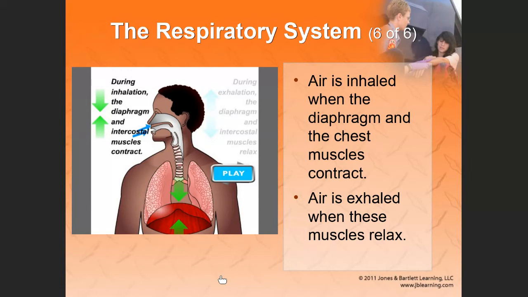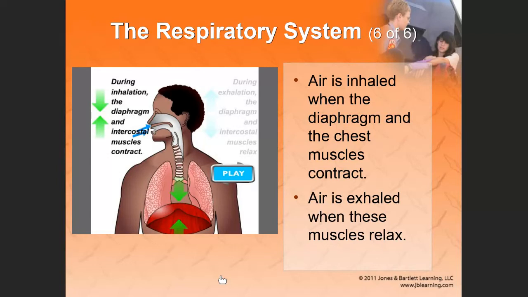When that pressure decreases, a negative pressure is created, and then air is pulled in to the lungs to fill that space. And that pressure is negative pressure. So when a patient breathes in, they are breathing in with negative pressure.